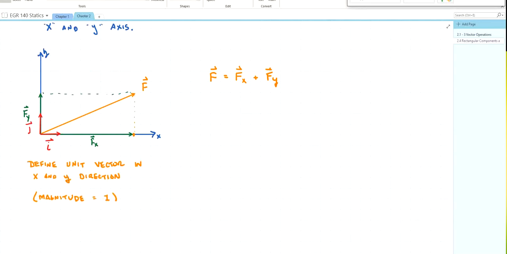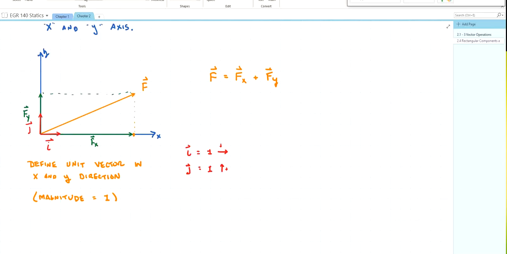Each of these has a magnitude of 1. Another way of looking at this is i equals 1 in this direction, j equals 1 in this direction. That's how we're going to define it. We'll say this is positive, this is positive.